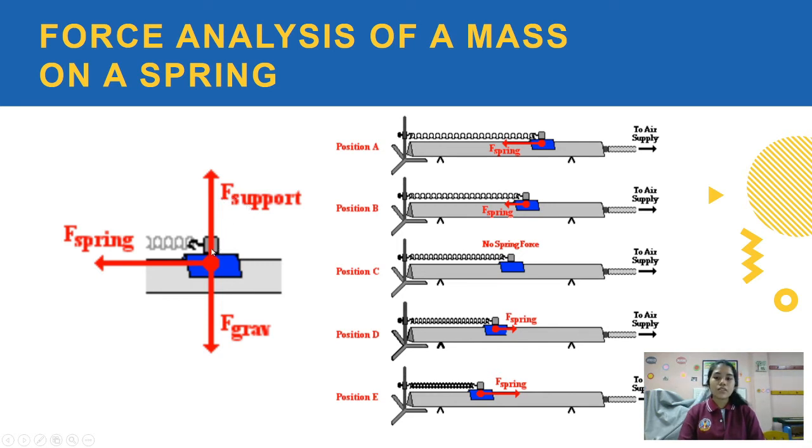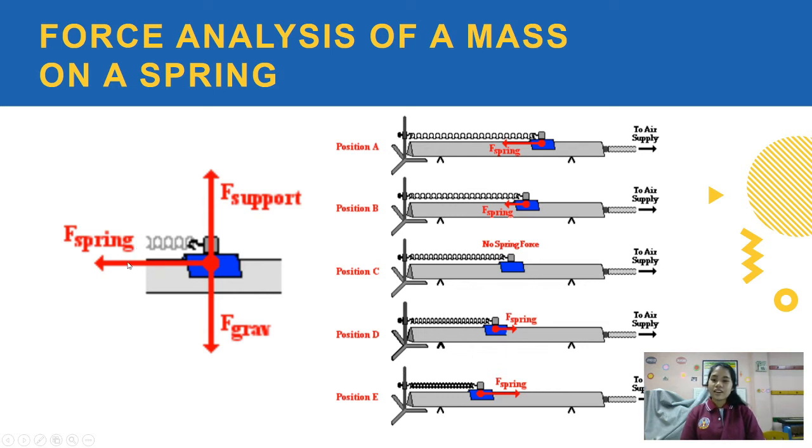The second is the support force. It balances the force of gravity, and it is applied by the air from the air track, causing the glider to lift above the track's surface. The third is the force of the spring.